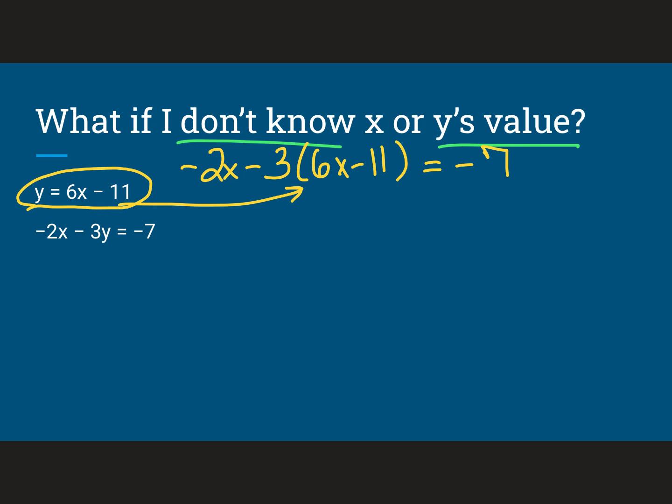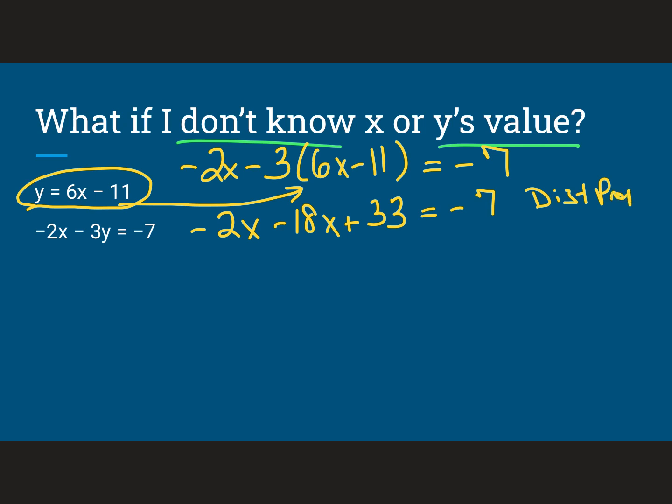So next I'm going to use my distributive property. So I have negative 2x minus 3 times 6x is 18x. And then negative 3 times negative 11 is positive 33 equals negative 7. So that was my distributive property.